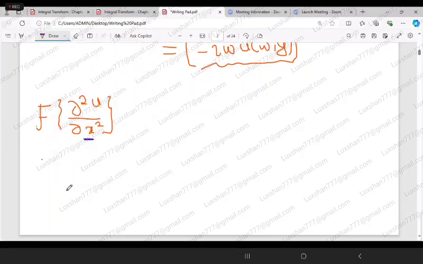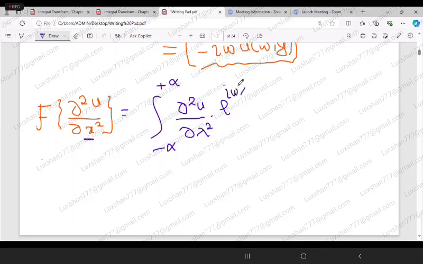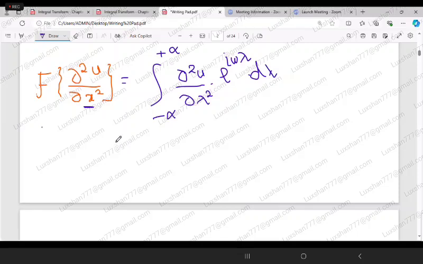Therefore, this is equal to the integral from minus infinity to plus infinity, just changing the variable, of ∂²u/∂λ² into e to the power iωλ dλ. So this is equal to actually.